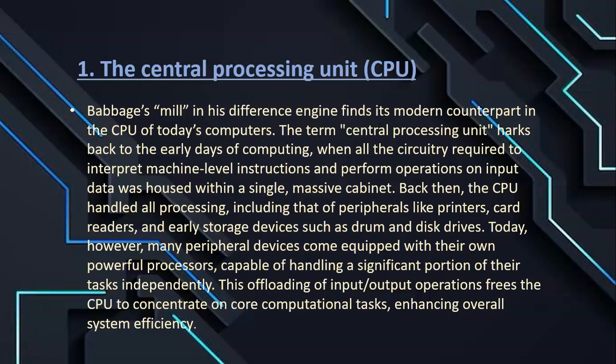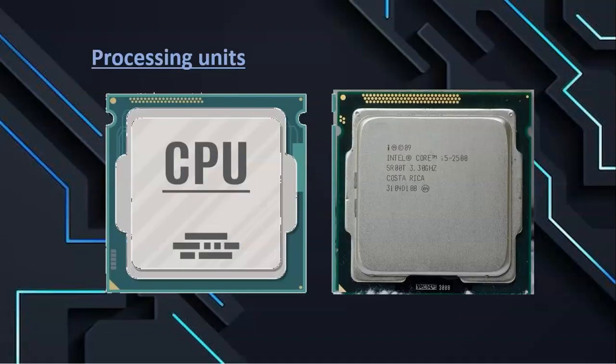This offloading of output operations frees the CPU to concentrate on the core computation tasks, enhancing overall system efficiency. This is what a processing unit looks like.